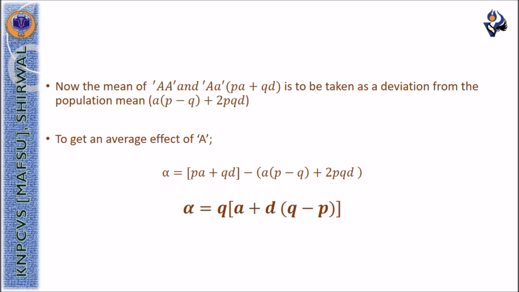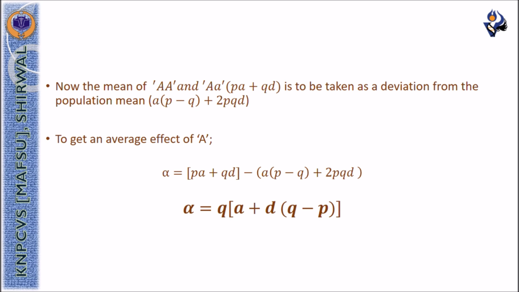This mean, pa plus qd, is to be taken as a deviation from the population mean to get the average effect of the dominant A allele.